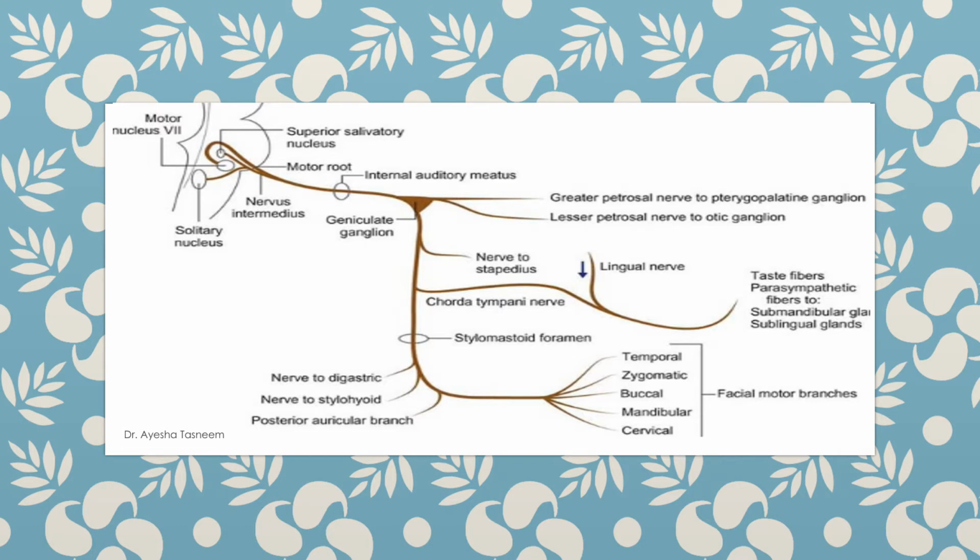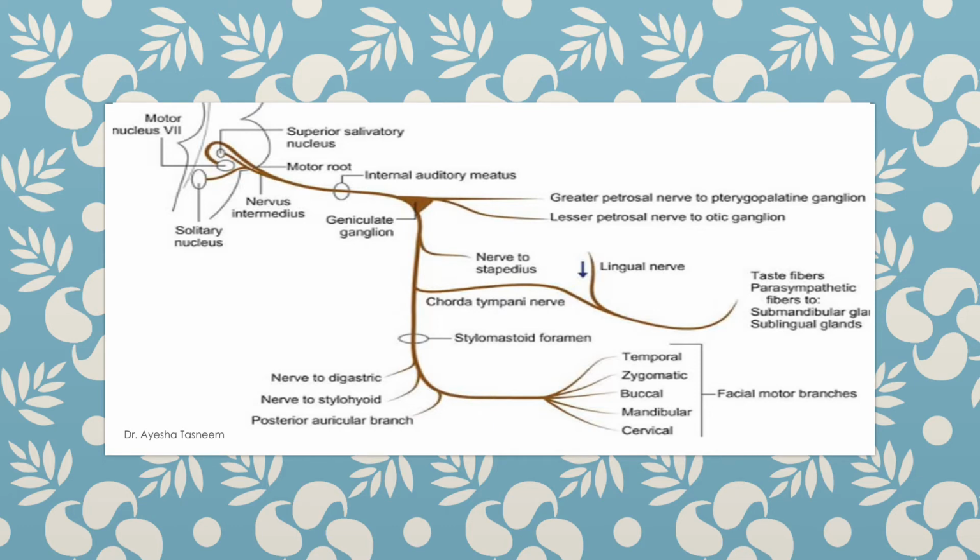Here it gives the nerve to stapedius muscle. Then within that canal it also gives chorda tympani nerve, which travels along the lingual nerve, and it gives taste fibers to the tongue.